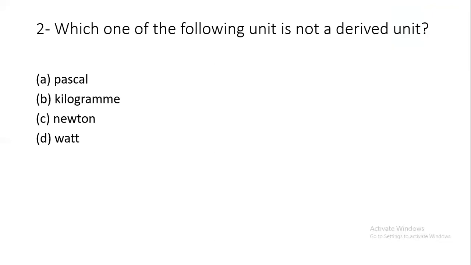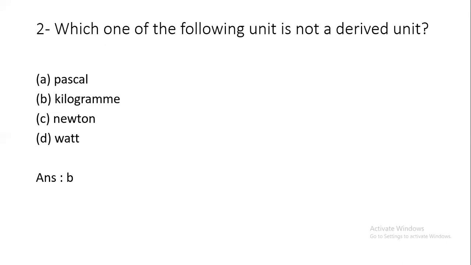Pascal is a derived unit, Newton is a derived unit, watt is a derived unit, but kilogram is not. So the correct answer is B, kilogram. Among these 4 options, kilogram is the one that is not a derived unit, and the rest are derived units.